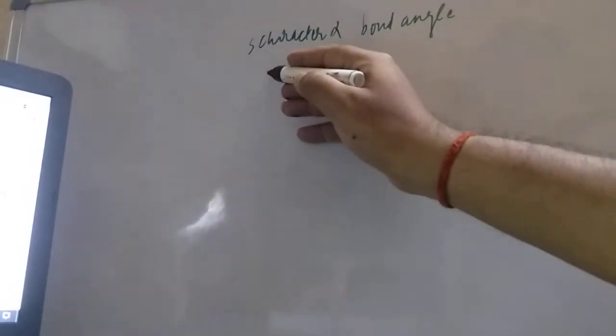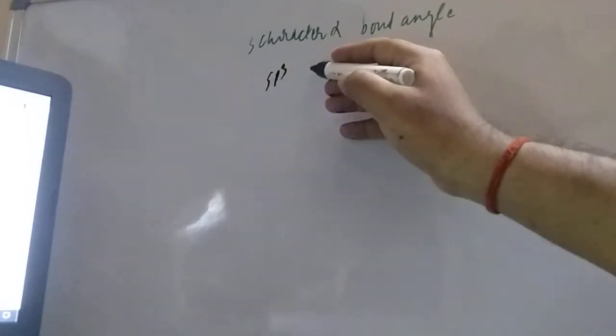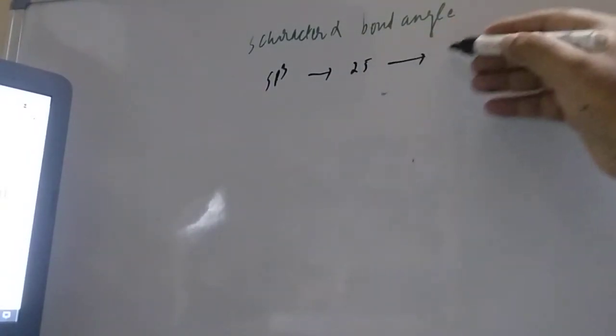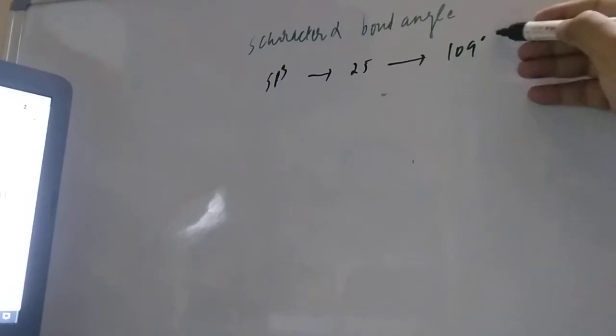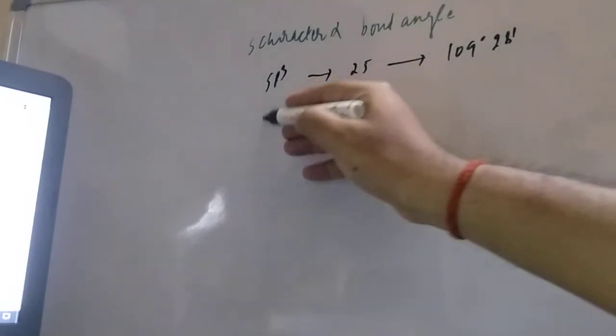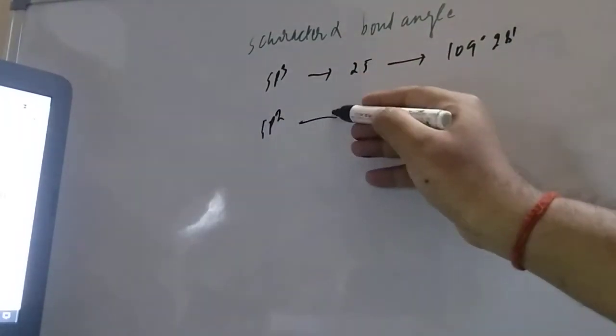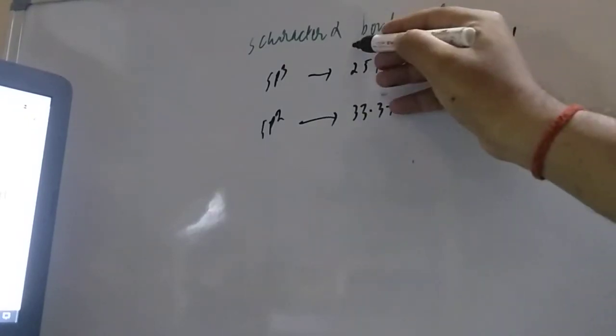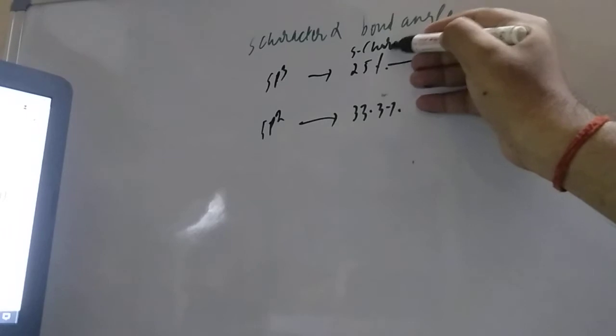If you talk about this option, student, let us check. Suppose I have sp3 hybridization, s character is 25%. So what is the bond angle, student? 109 degrees 28 minutes. If it is sp2, the s character is 33.3%, no need to get confused, student.